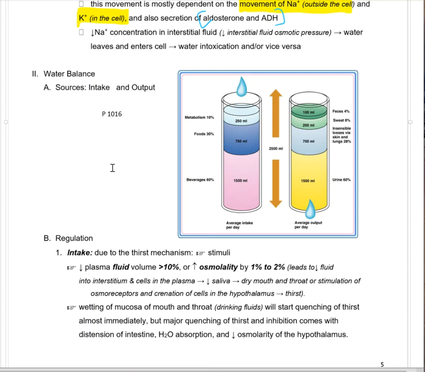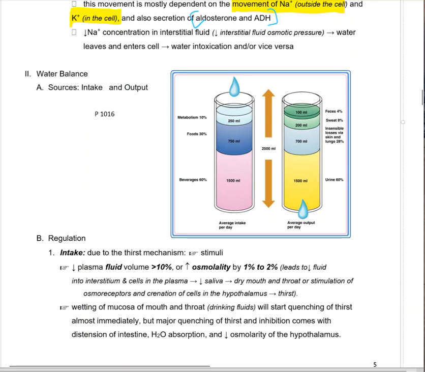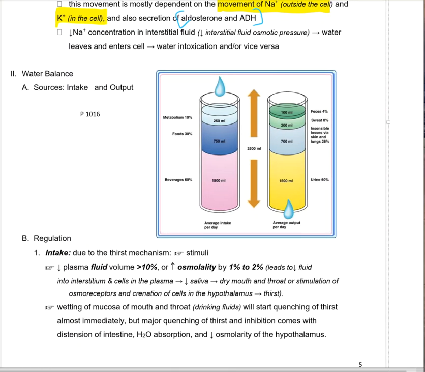Colors are the same, everything looks pretty similar. So this is showing us the intake and the output of water per day, and generally speaking those should balance. The amount you take in and the amount you remove from the body should be about equal. If not, then you're going to have increased water weight, or you're going to start to get dehydrated.